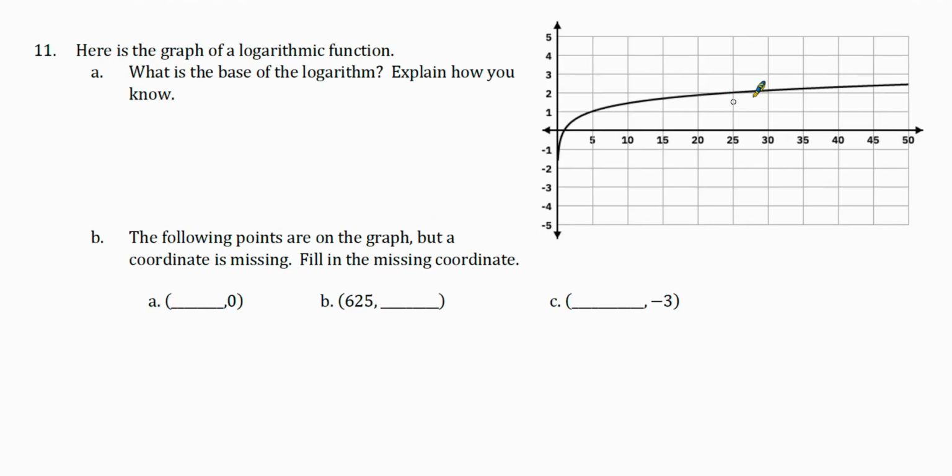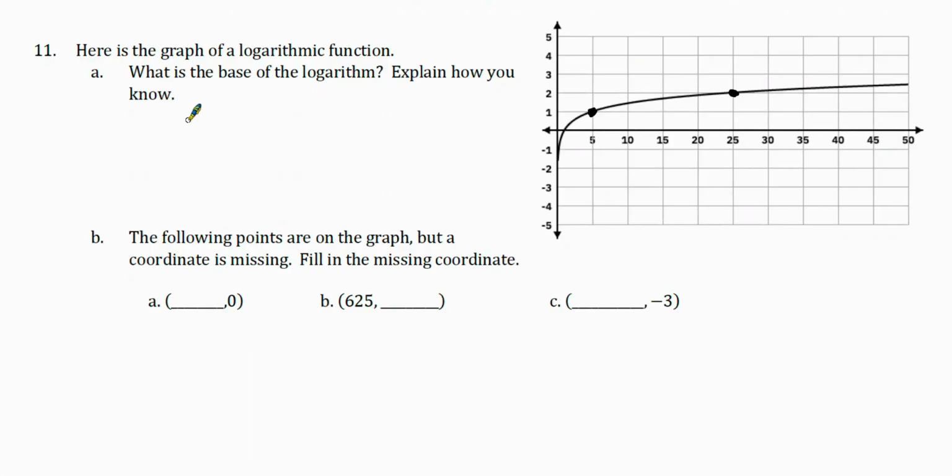On number 11, we are given the graph of some logarithmic function, and we have to figure out what the base of the log is. Well, if I look at some exact points, I see the point 5,1 and the point 25,2. Those are exact coordinate points that I see.